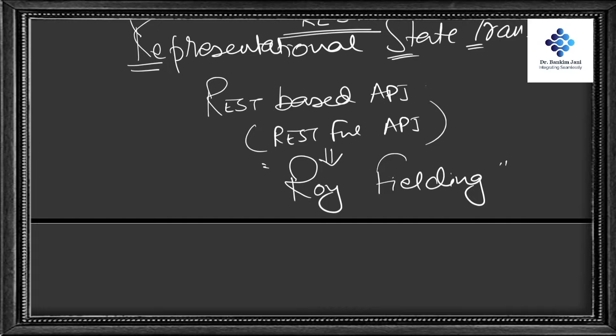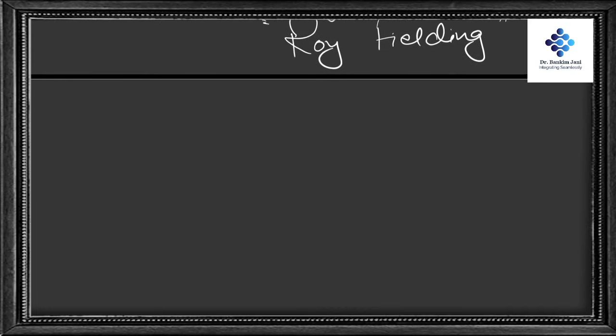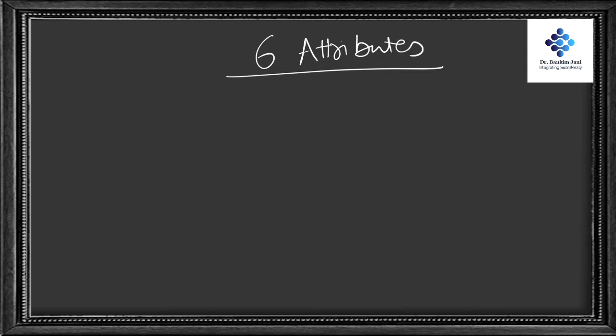Now we'll really appreciate this if we understand how these REST based APIs actually work. Now see, let's make it very simple. There are about 6 attributes, 6 characteristics which are making it very specific.